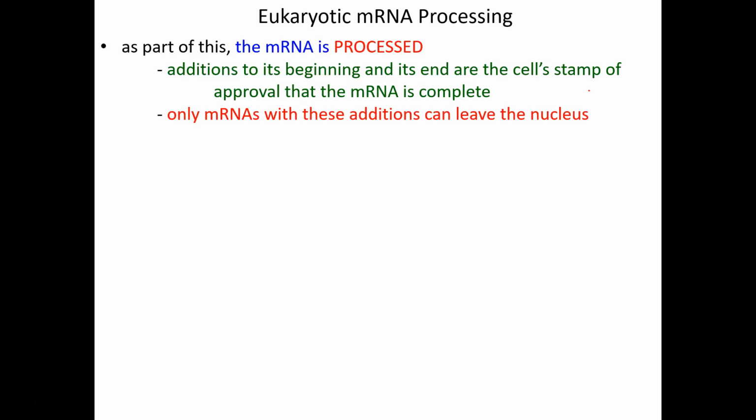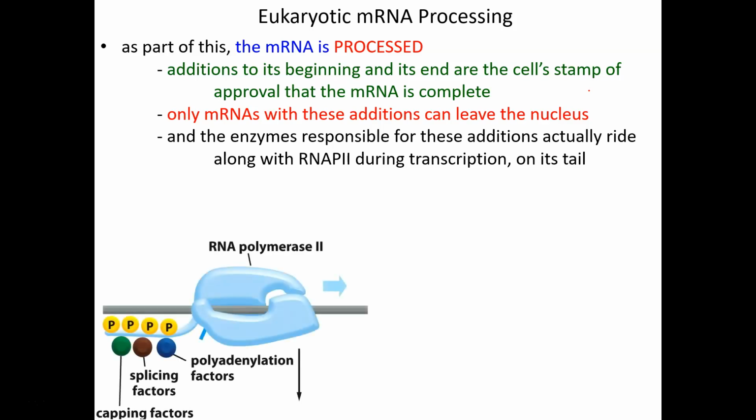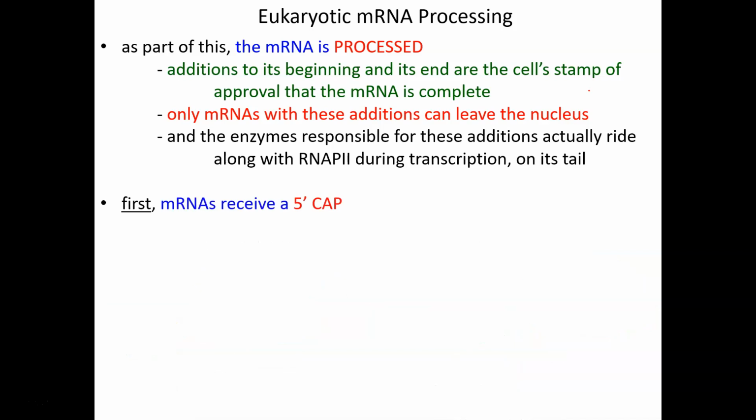And only mRNAs with those three modifications can leave the nucleus for translation. The enzymes responsible for these modifications actually ride along with RNA polymerase II. They actually interact with the RNA polymerase tail, that CTD tail, and they are making these modifications and making those checks for mRNA integrity as transcription is ongoing. So we've got capping factors, polyadenylation factors, and splicing factors, and we'll talk about all of that in just a second.